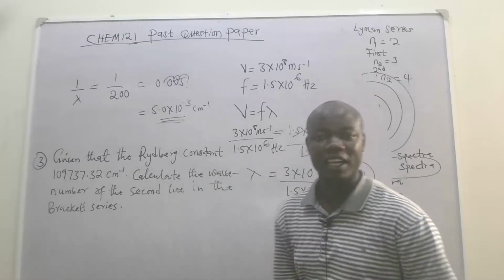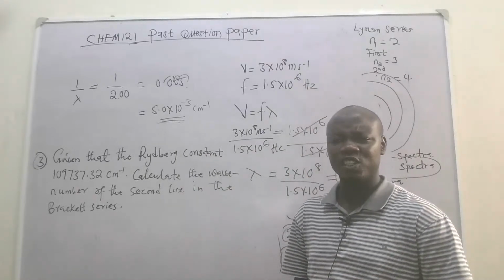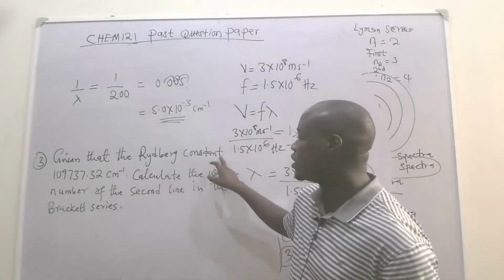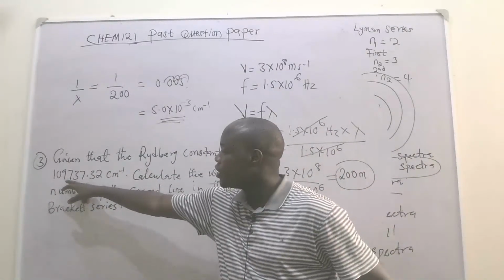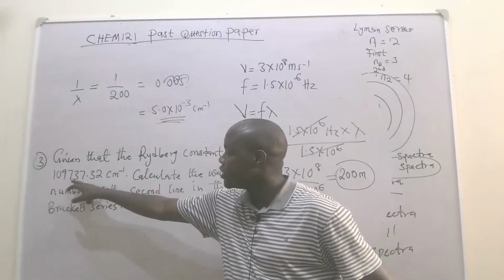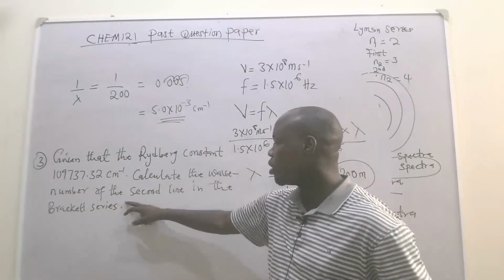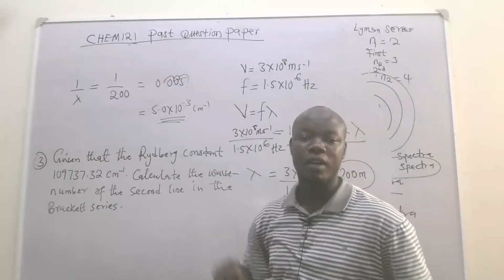So ladies and gentlemen, I think you can see this question very well. Given that the Rydberg constant is 109,737.32 per centimeter, calculate the wave number of the second line in the bracket series.